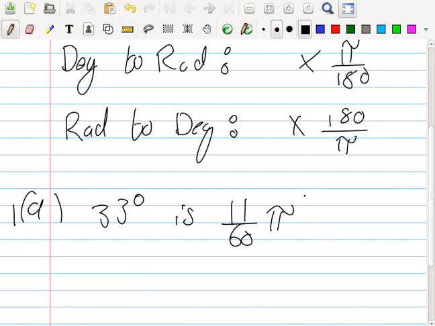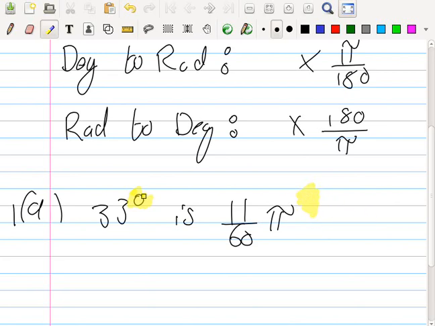So look very closely. If there is a little circle like this, it means the unit is degrees. Happy? If there is no mention of a degree or a circle, it automatically makes it radians. So it's not necessary for me to say radians here.